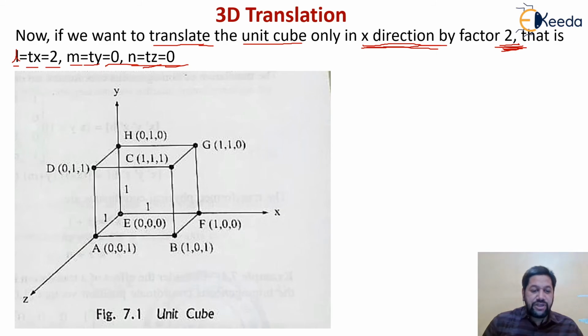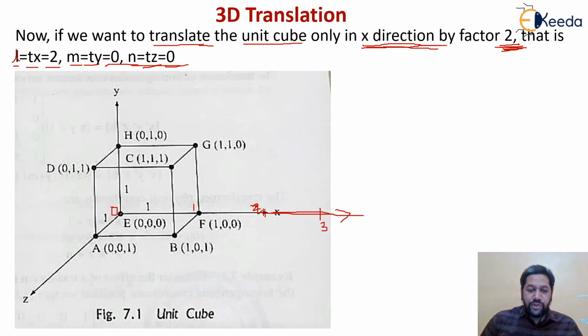Suppose I take the scale here: this is x value 0, this is x value 1, and I extend this line, so this is x value 2. I extend it further and consider this x value 3.